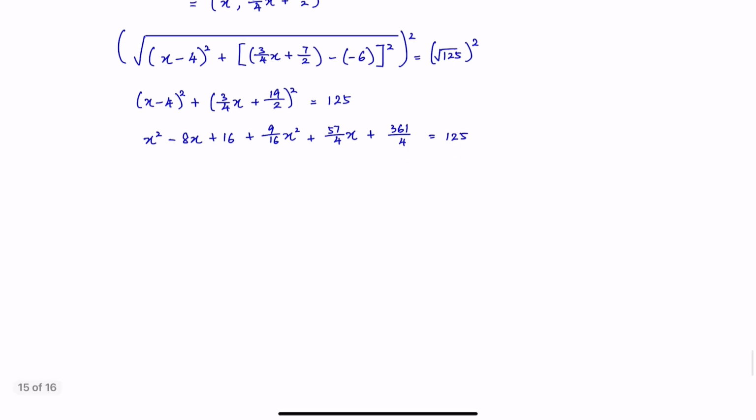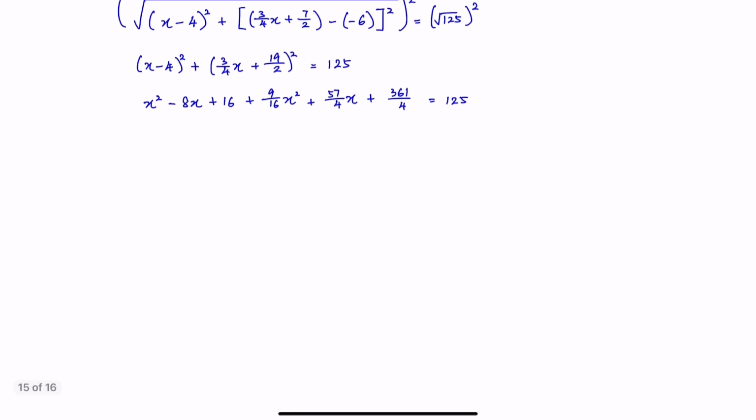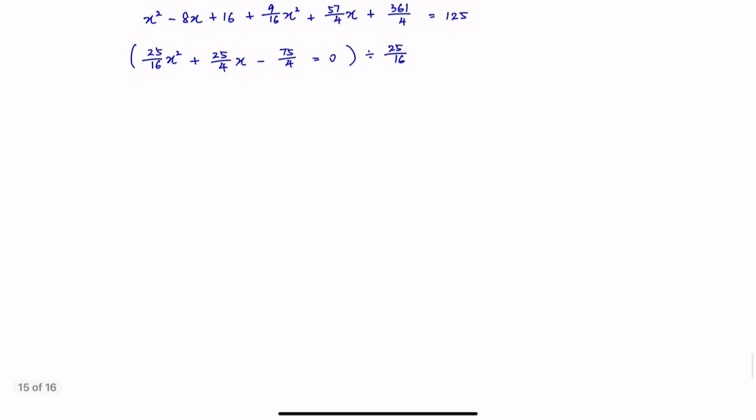And we simplify it to get 25 over 16 x squared plus 25 over 4 x minus 75 over 4 equals 0. We can divide this whole equation by 25 over 16 to make our lives easier.